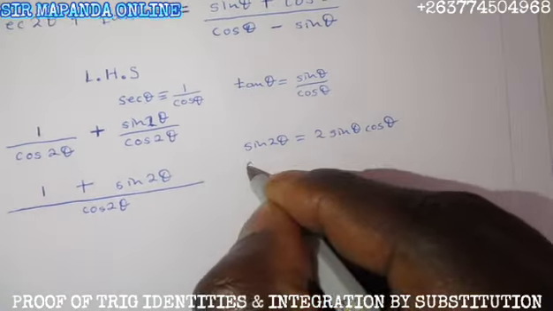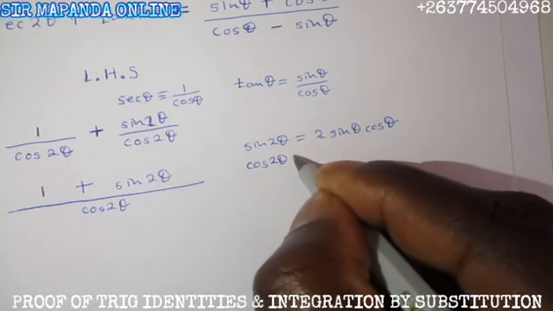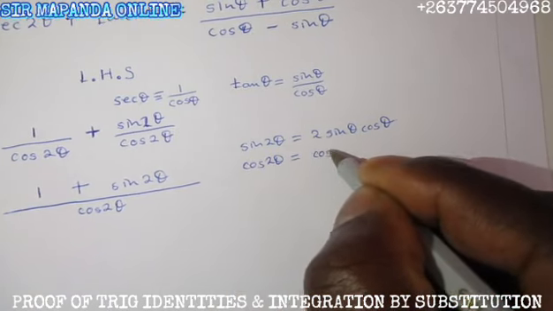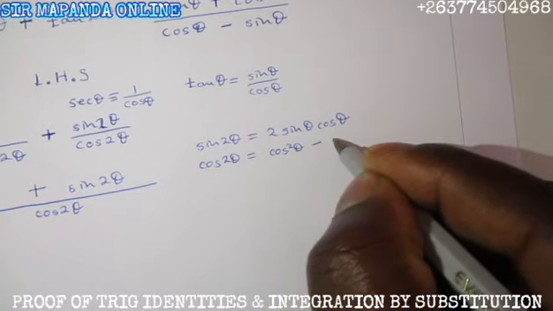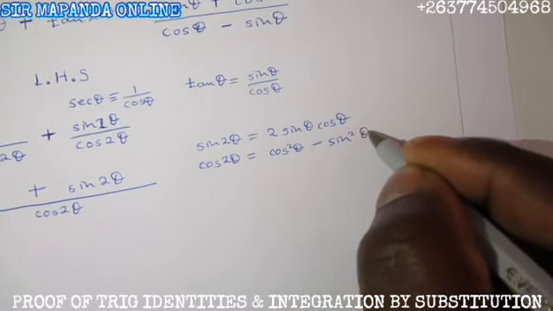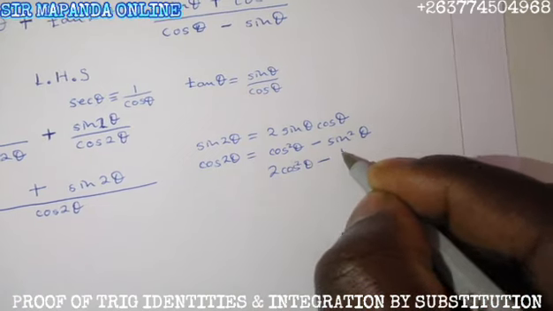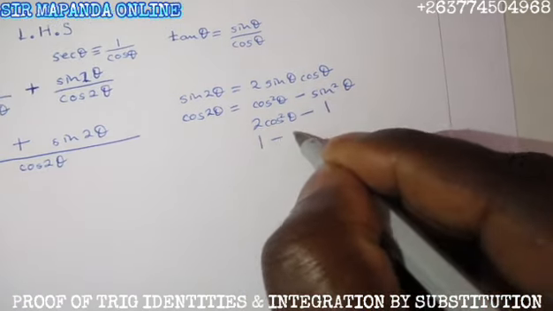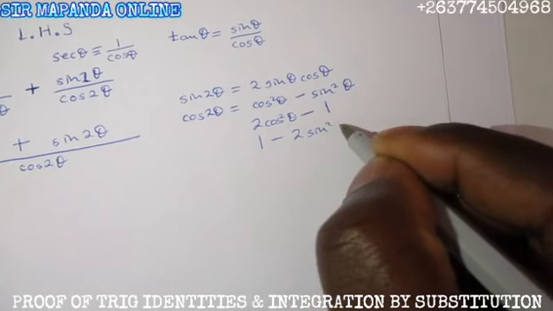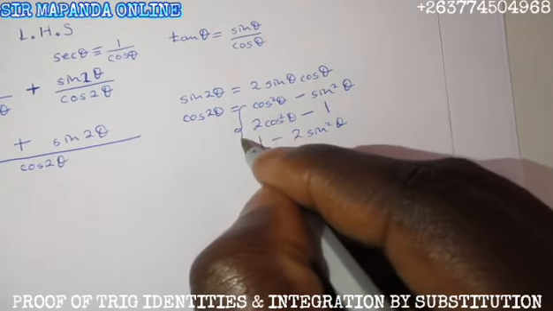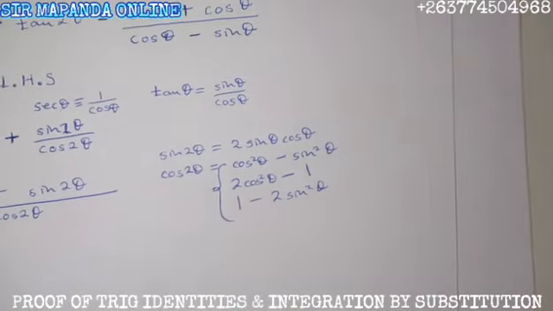Then the double angle for cos 2θ is cos²θ − sin²θ, or 2cos²θ − 1, or 1 − 2sin²θ. So cos 2θ can be presented in those three forms.